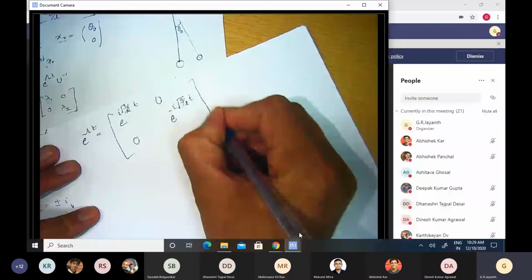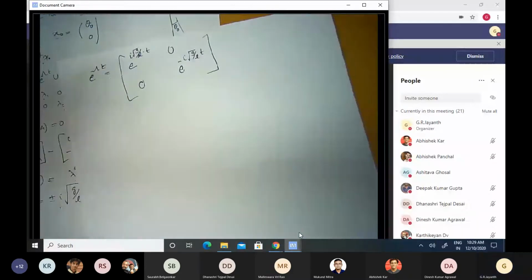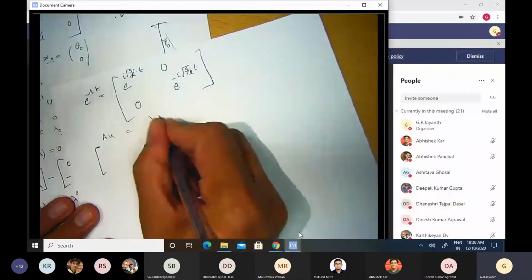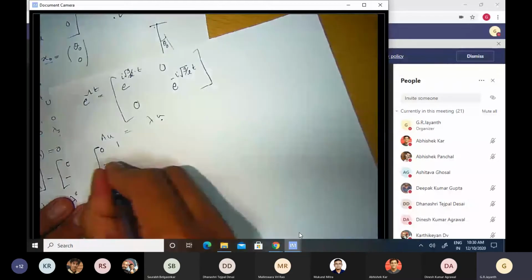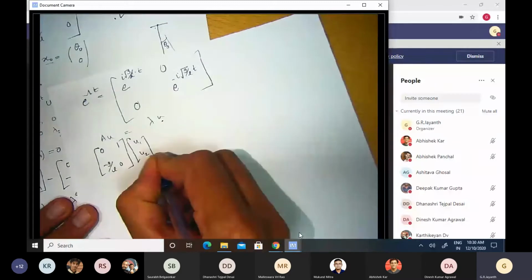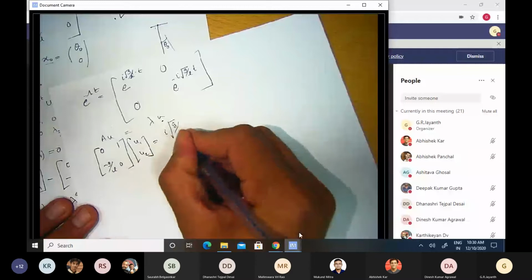Okay. Next, we have to make that matrix whose columns are the eigenvectors of the matrix A. So for that, we have to have that AU should be equal to lambda U. That should happen, right? For U to be an eigenvector. So what is A? It is 0, 1, minus g by L, 0, times U1 U2, is equal to lambda 1, the first lambda, i root of g by L, times U1 U2.